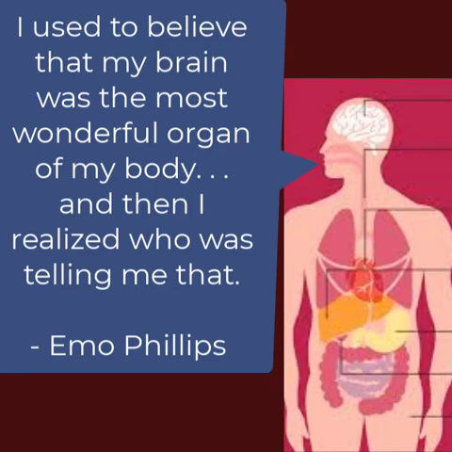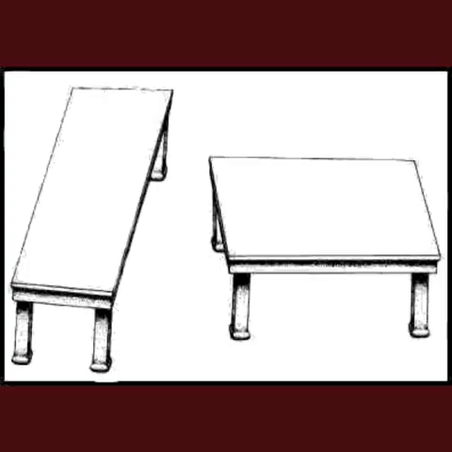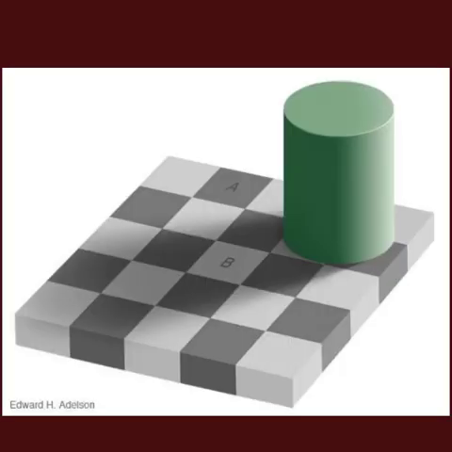The next couple of illusions are so convincing that when viewed from the first-person perspective of the subject, you may feel certain that you're seeing things as they are. That, for example, these tabletops are different shapes, or that squares A and B are different shades of gray.